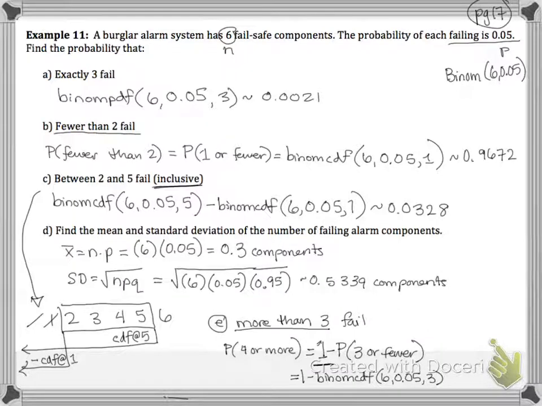So we go to the binom CDF, 6, 0.05 is P, and the X value, or K in my case, is 3, and I'm going to do 1 minus that answer. Okay, so it's scientific notation, of course it is. And this is great practice because the calculator actually shows me 8.6 E negative 5.